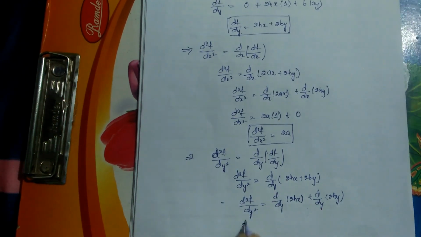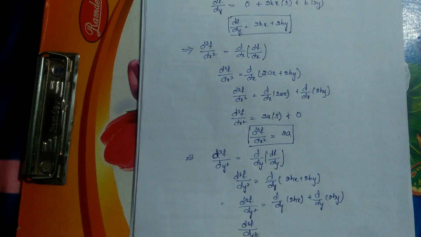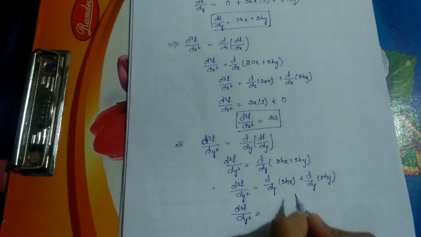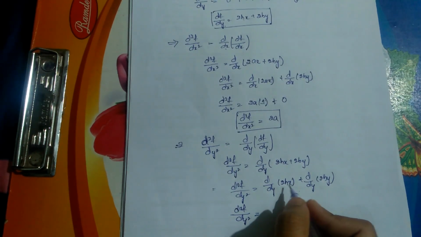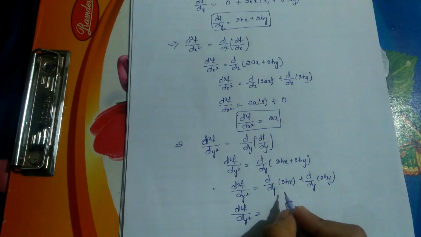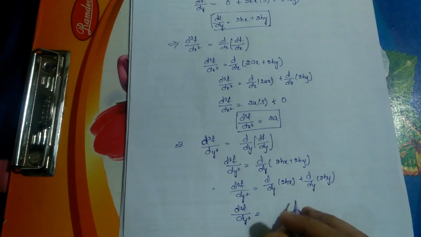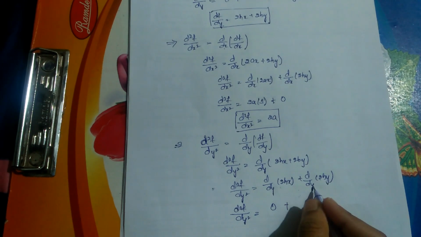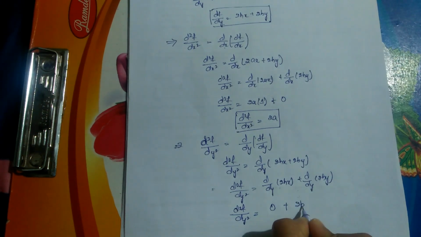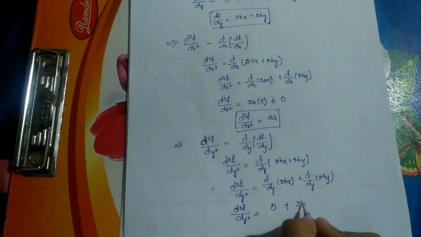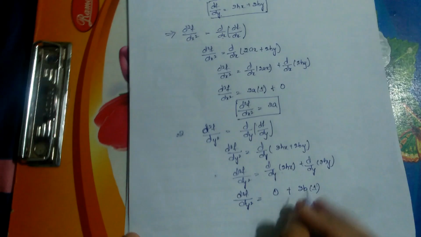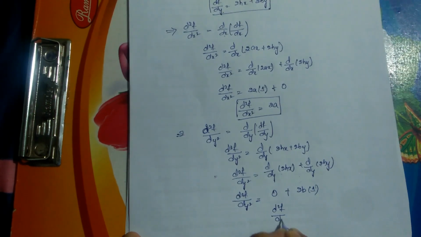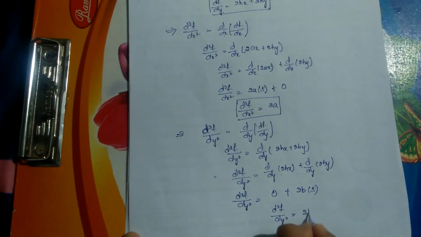The 2hx is differentiated with respect to y. As there is no y term in this, the whole differentiation becomes 0. So its derivative is 0 plus 2by differentiated with respect to y. Write 2b as it is, as it is a constant, and y differentiated with respect to y gives 1. Then ∂²f/∂y² equals 2b is the answer.